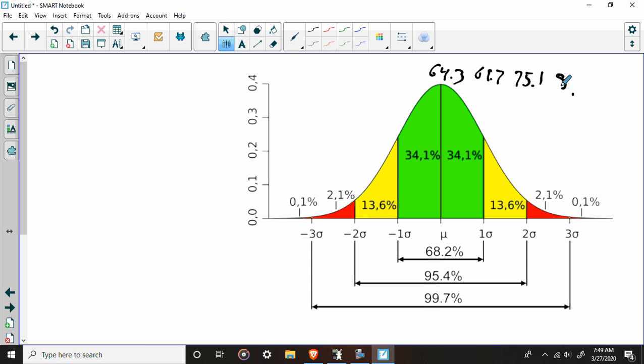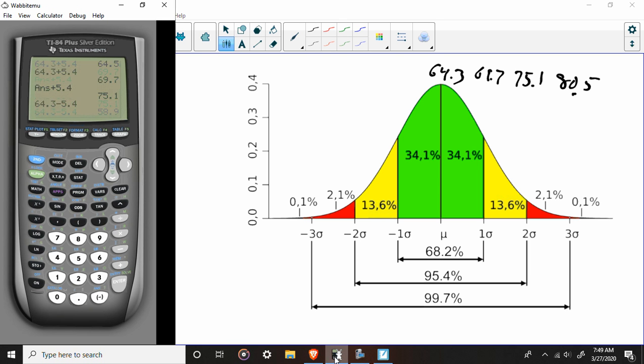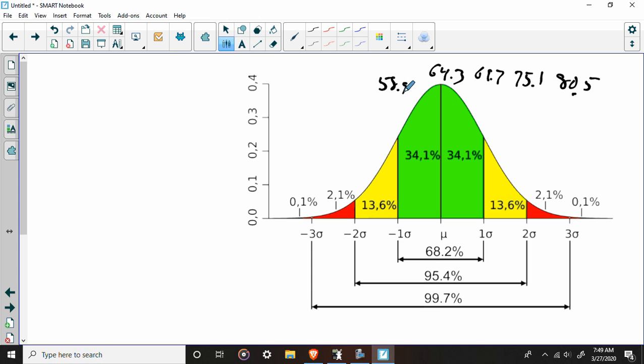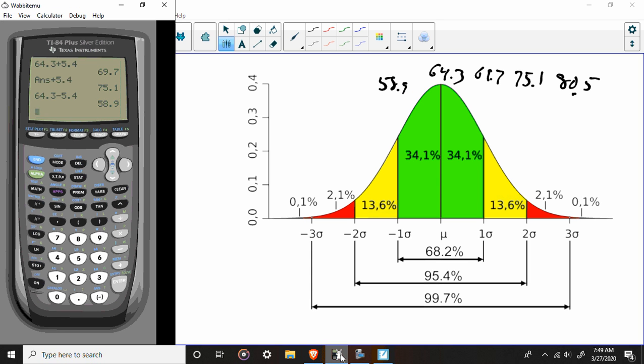will be 80.5, okay? And again, going down the other way and subtracting, we say 64.3 minus 5.4 is 58.9, minus another 5.4 is 53.5.